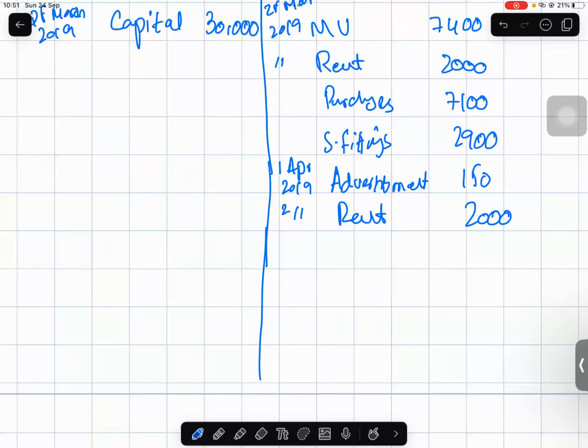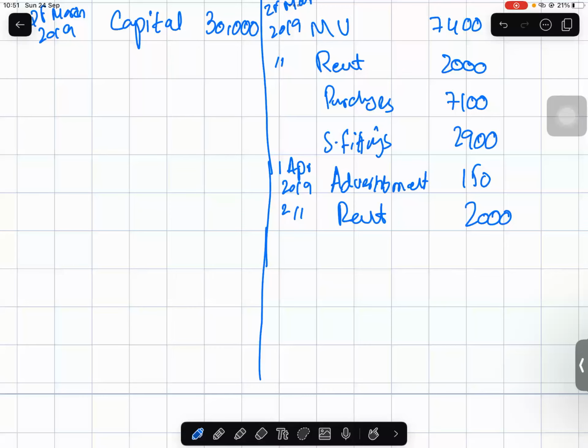And on 7th April, they paid $600 cash into the bank. Now, this transaction is telling you that they had some cash lying around in their shop, for example, or in their register, and then they took that cash from their business and deposited that into the bank account, which means that their cash has decreased and their bank has increased.